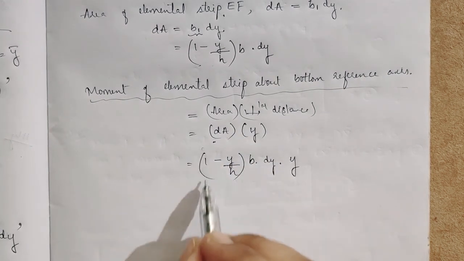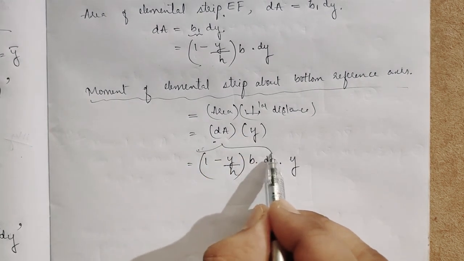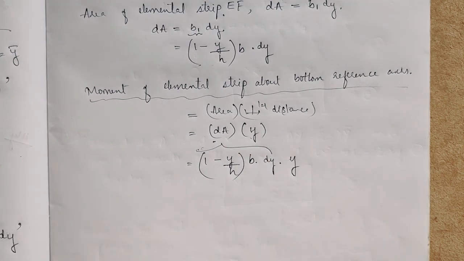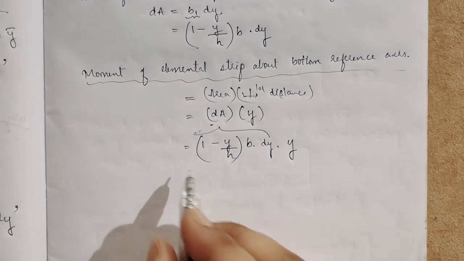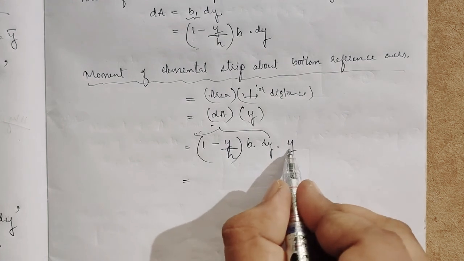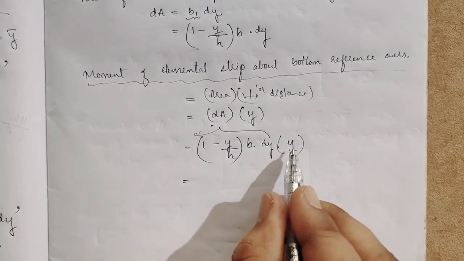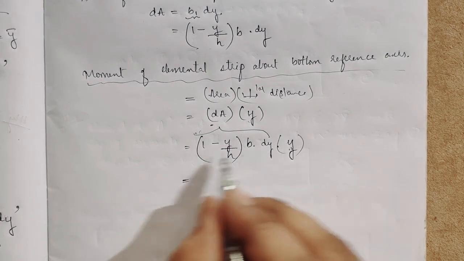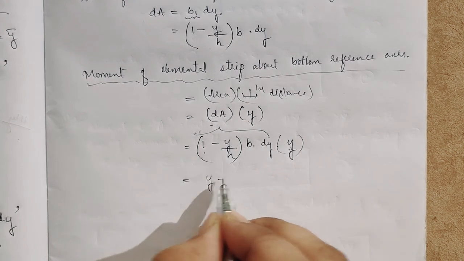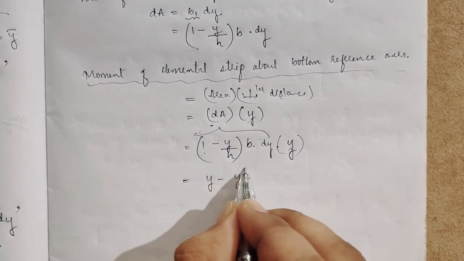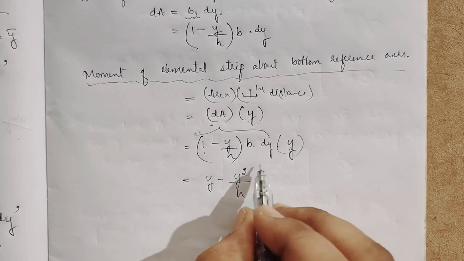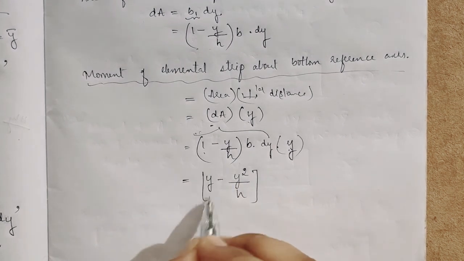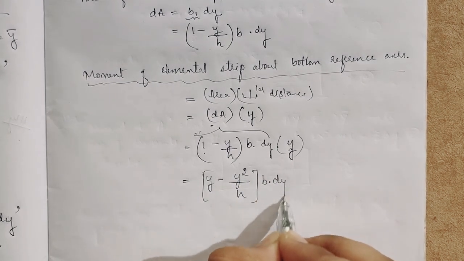Now I'll take the y inside: y into 1 is y, and y into y square divided by h, into b into dy.